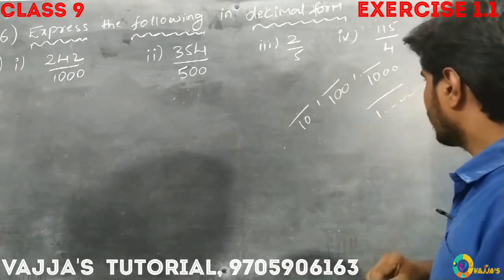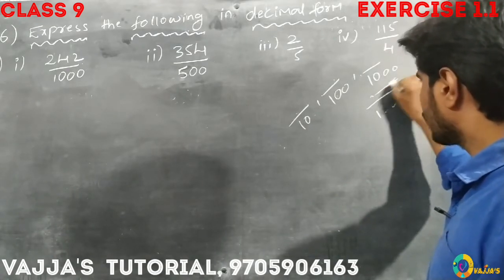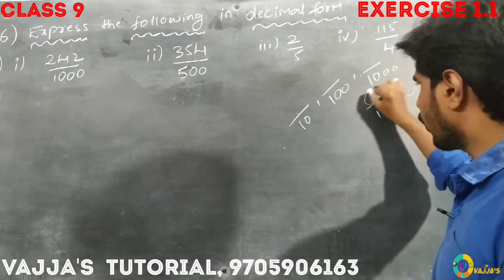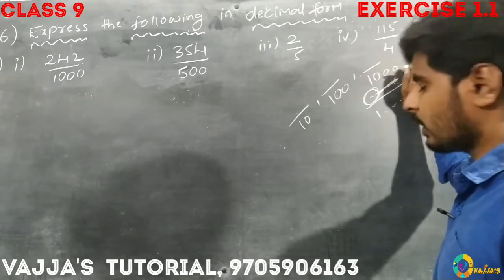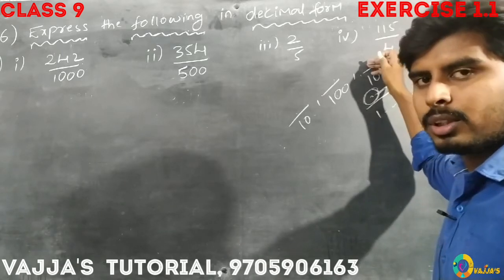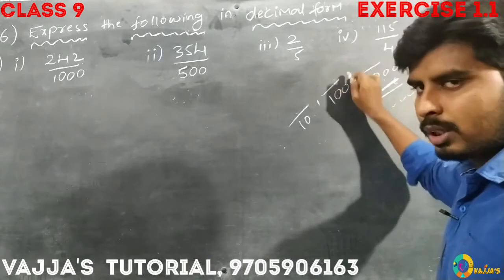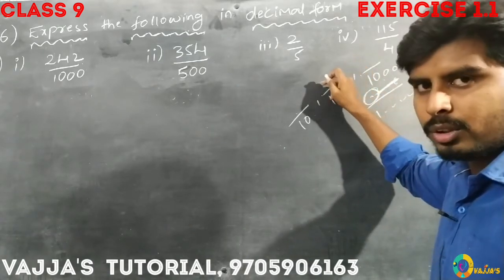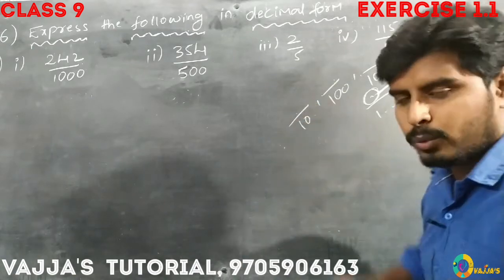For example, if it is 10,000, take the point in front of 4 numbers. If the denominator is 1000, remove the 3 zeros and take the point in front of 3 numbers. If it is 100, remove the 2 zeros and take the point in front of 2 digits. If it is 10, take the point in front of 1 number.